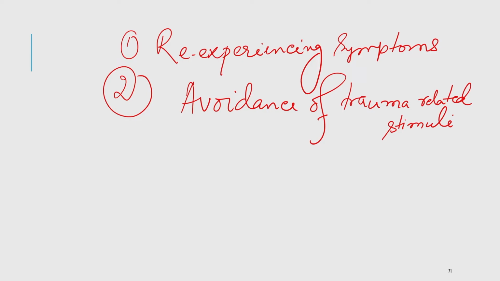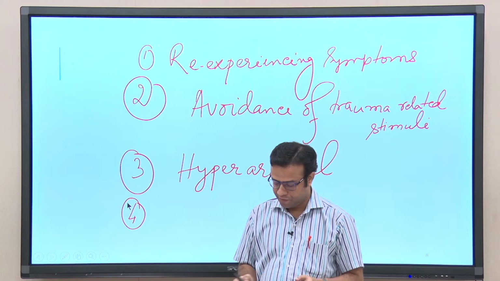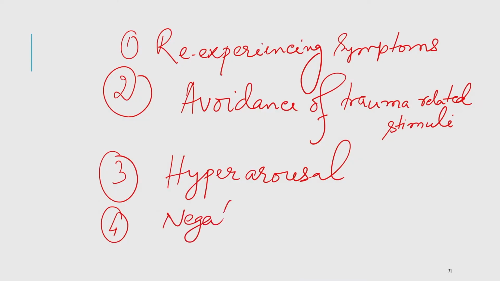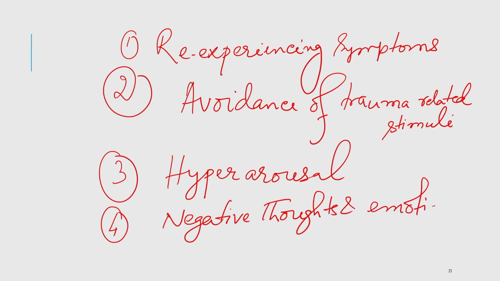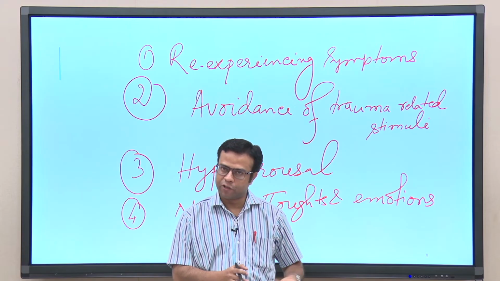Avoidance of trauma related stimuli, hyperarousal in terms of physiological arousal, and the fourth one, which was introduced in DSM-5, is negative thoughts and emotions. So, these are the 4 clusters of symptoms, and within each cluster there are specific categories that we have discussed.